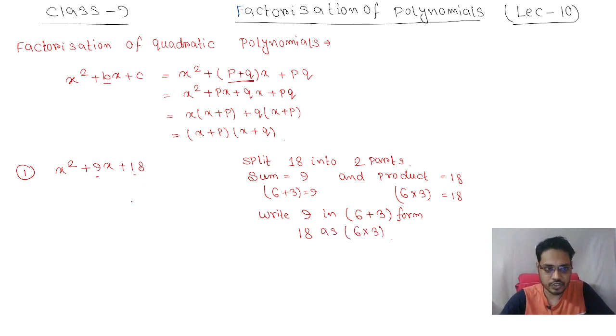Now x square plus 6x plus 3x, we write 9x as 6x plus 3x, as the sum of the two parts will be 9 and the product 6 multiply 3 will be 18. So no need to write 6 multiply 3, directly you can write 18.